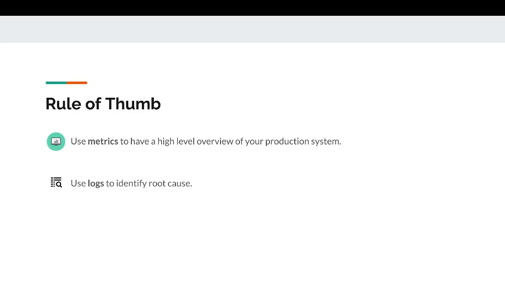And then once I have a rough understanding, I will try to dive deeper by analyzing the logs or traces, etc. So never jump directly into the logs. That's my opinion, but you may disagree.